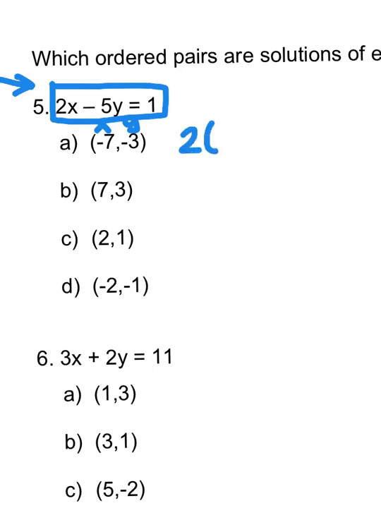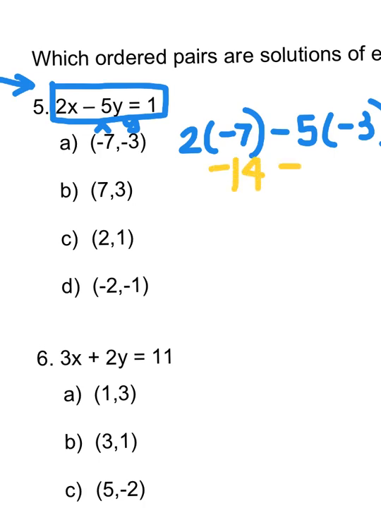We have 2 times -7 minus 5 times the y value, which is -3. If this equals 1, then it is a true statement and therefore a solution to the equation.